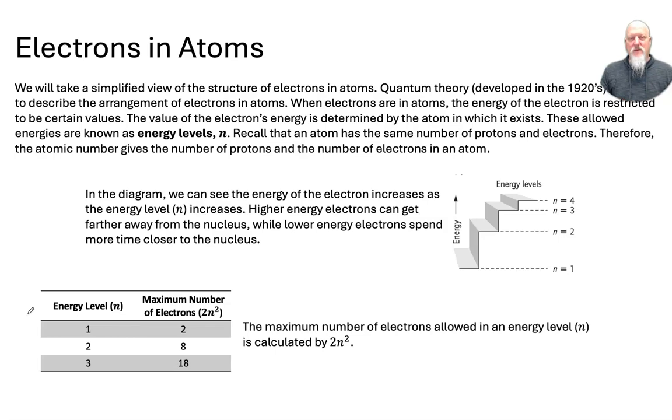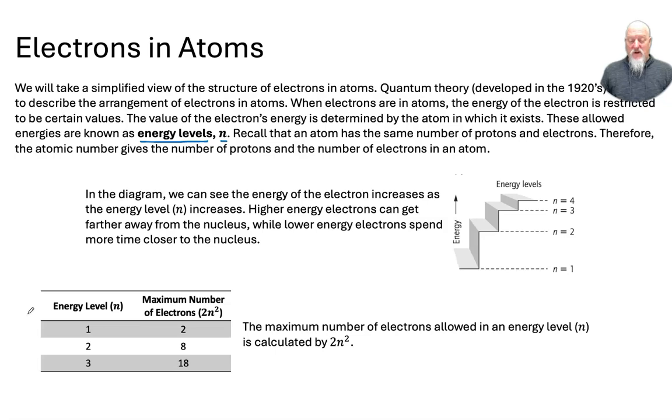Quantum theory says that electrons can have only certain energies, defined by the level that the electron is in. We're going to call these energy levels, and abbreviate them with the letter n.